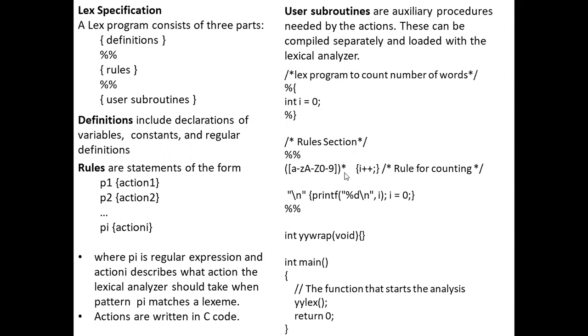This is the rule for counting, right? After that, \n printf("%d\n", i); i = 0, right? It means if there is no character, no symbol, the value of i is 0. If i is incremented, here we print the i value. The meaning of print of i is clear, right?